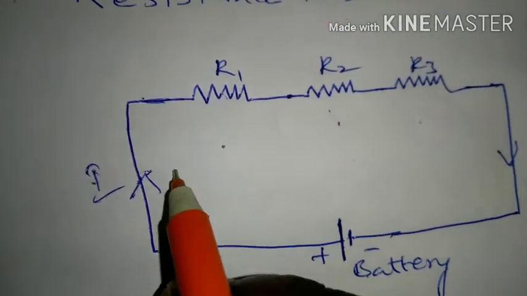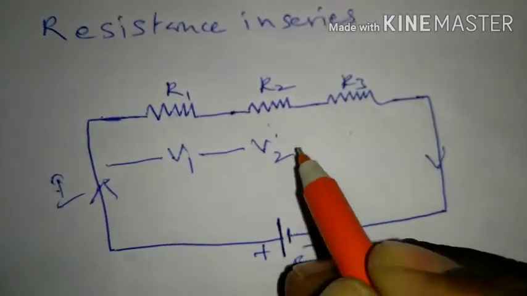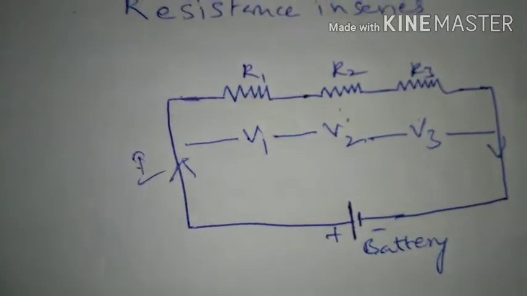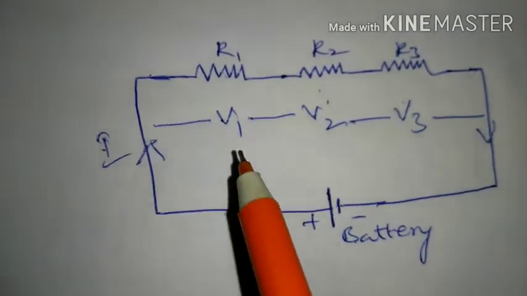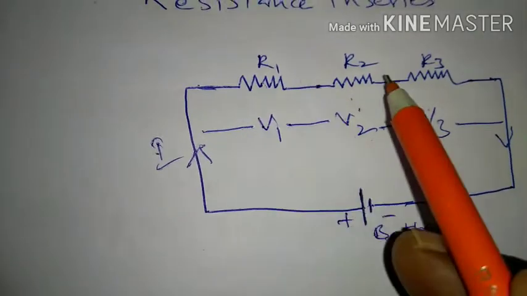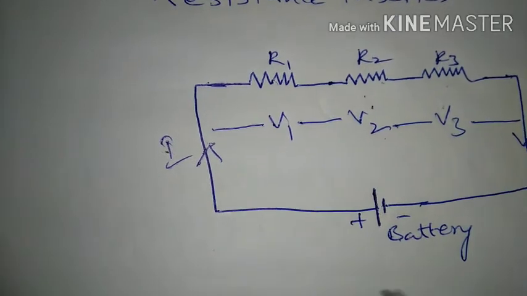Let V1, V2 and V3 be the potential difference across R1, R2 and R3 respectively.